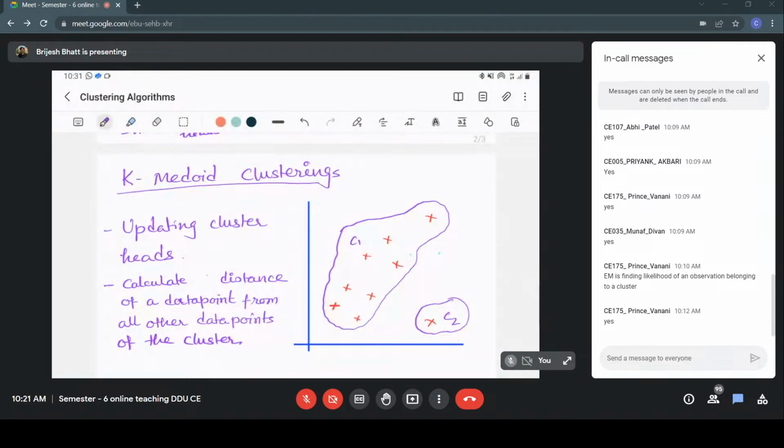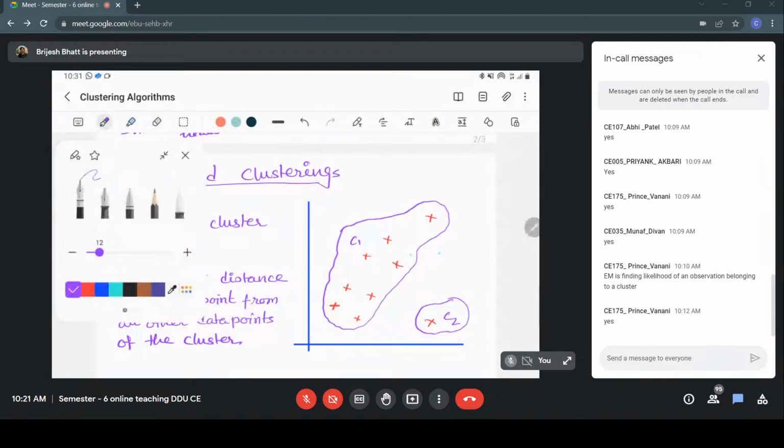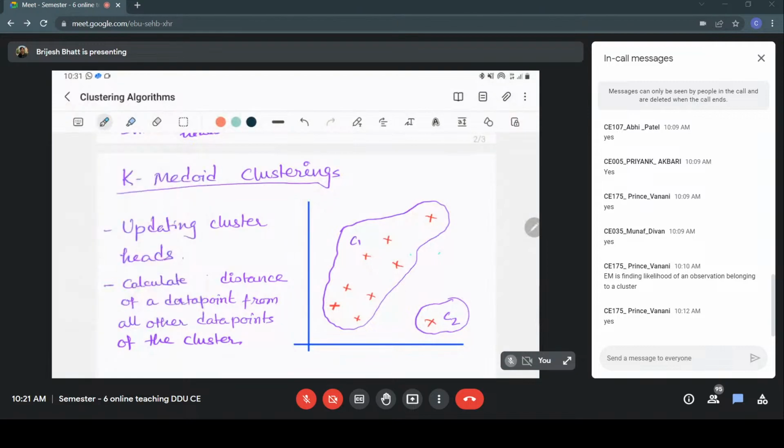So for example, when I want to update the mean, I will calculate the distance of all other points from this point. And the distance value for this data point will be the sigma of all these distances divided by the number of data points.